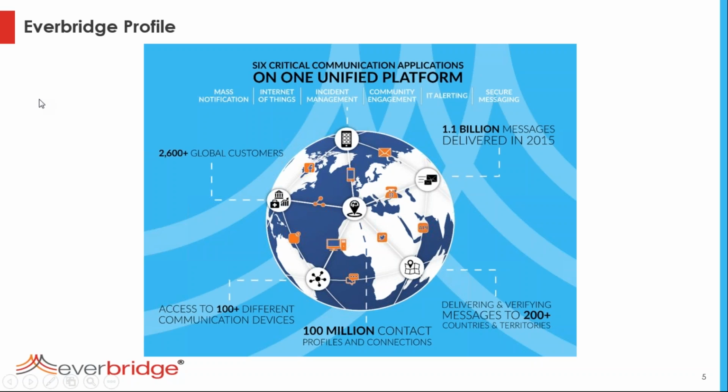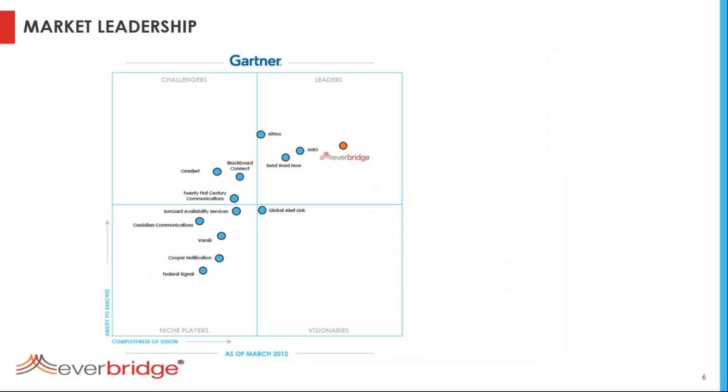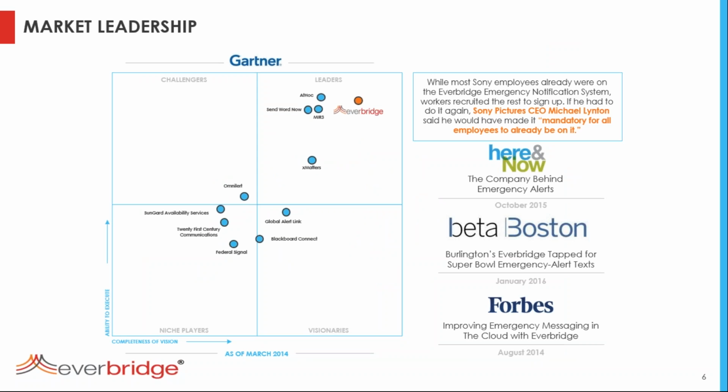So that's a little background on where we started. Since that time, as we've grown, we have worked in a number of different marketplaces, but we continue to always strive to be a market leader.